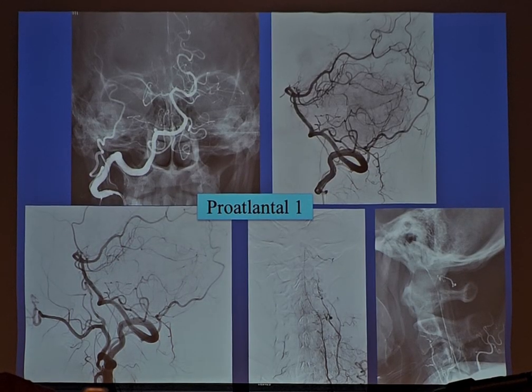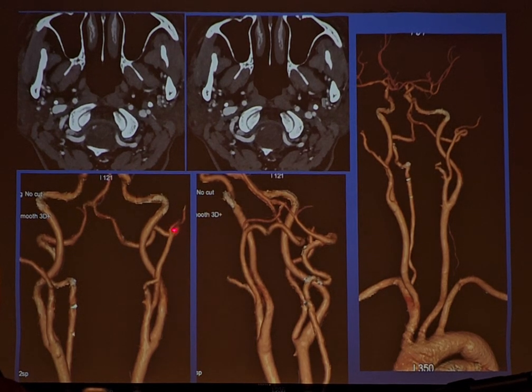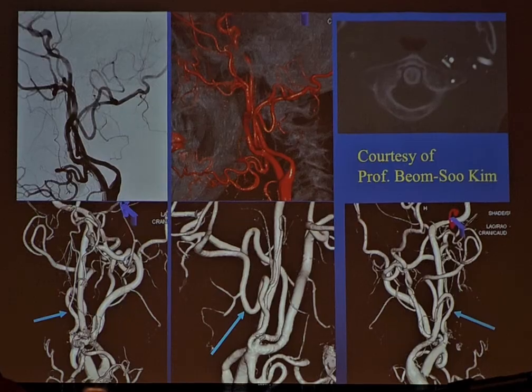This is persistent proatlantal 1. This is another example, CTA. You can see this is the occipital artery, external carotid artery, giving off the vertebral artery through the C1 segment. This is the remaining persistent proatlantal 1.